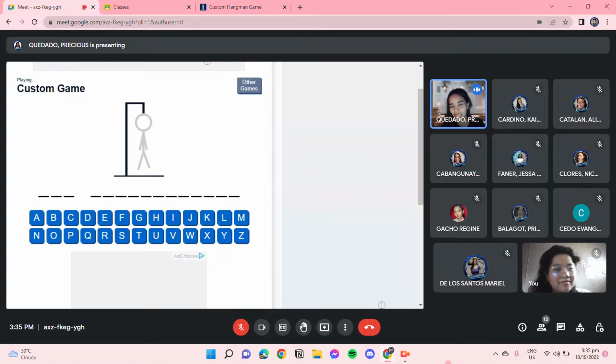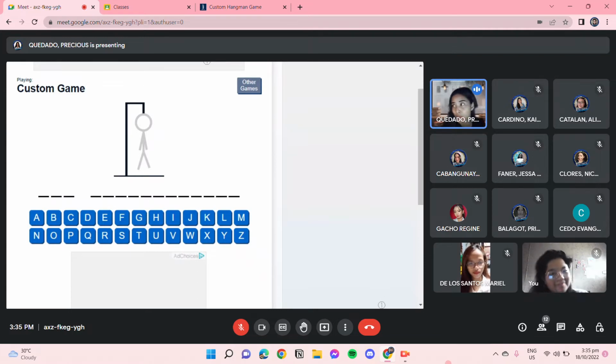This hangman will turn dark every time you get a wrong letter, so your points will decrease. My clue for this one is child and adolescent literature, and that's all the clue that you can get from me. So let's start.